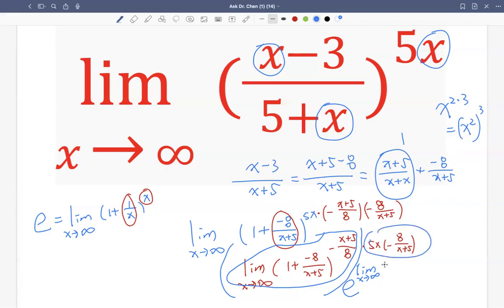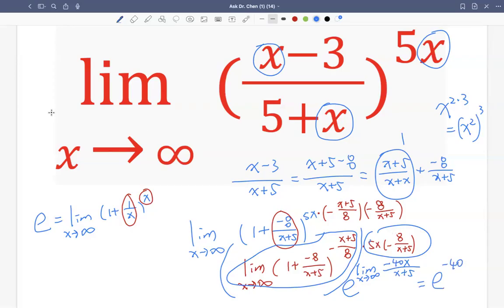That's negative 5x times 8, that's negative 40x divided by x plus 5. So this is taking the limit of a rational expression when x approaches infinity. So we use the rule for rational limits, and that just becomes negative 40. So this becomes the Euler number raised to negative 40.